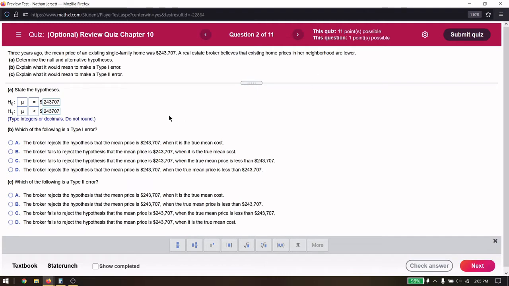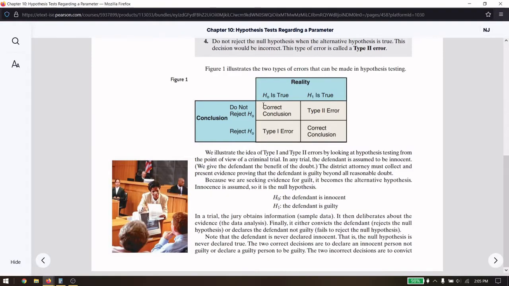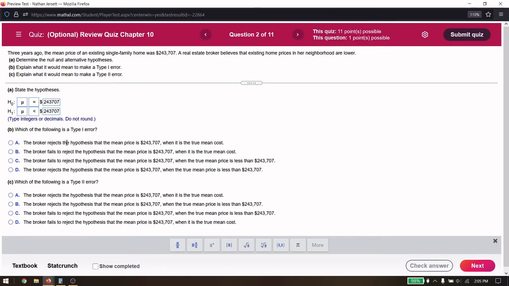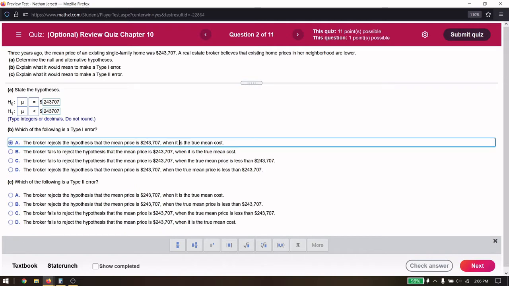So same question, type 1, type 2. If you ever confuse those, just go back to the table. Type 1 says we reject H naught when it's actually true. So we're looking for reject the null hypothesis. A or D rejects the hypothesis when it's actually true, when it is the true mean cost.